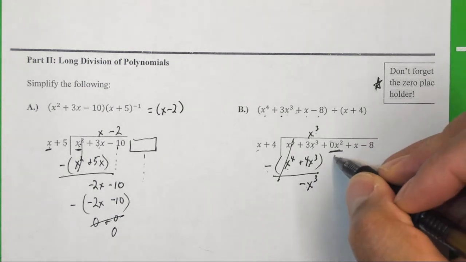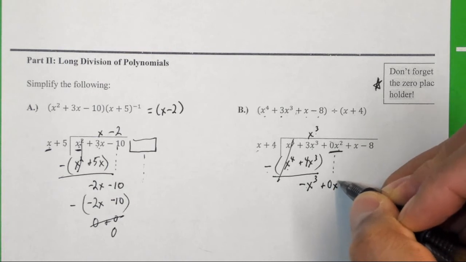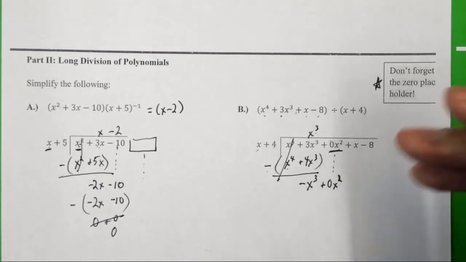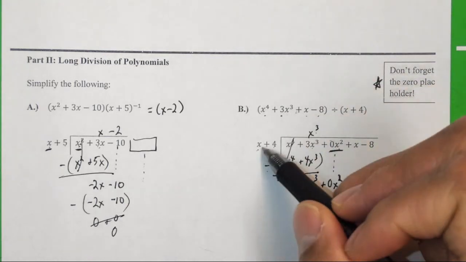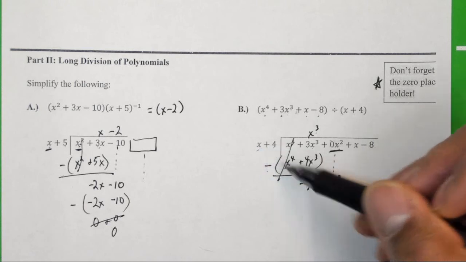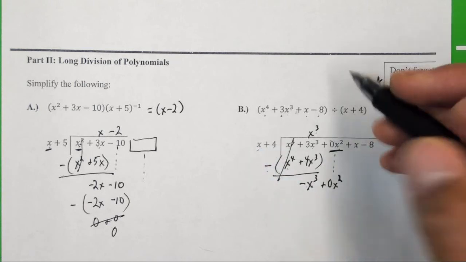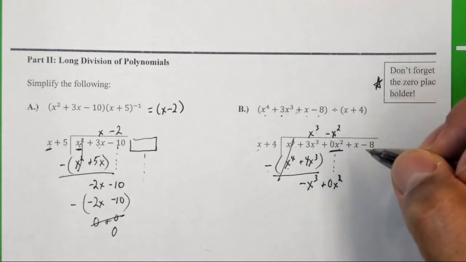Now drop down the next term and we get plus 0x squared, which is fine. The 0 is fine. We need that 0. Come back up here. Repeat the algorithm. X goes into negative x cubed, negative x squared times.